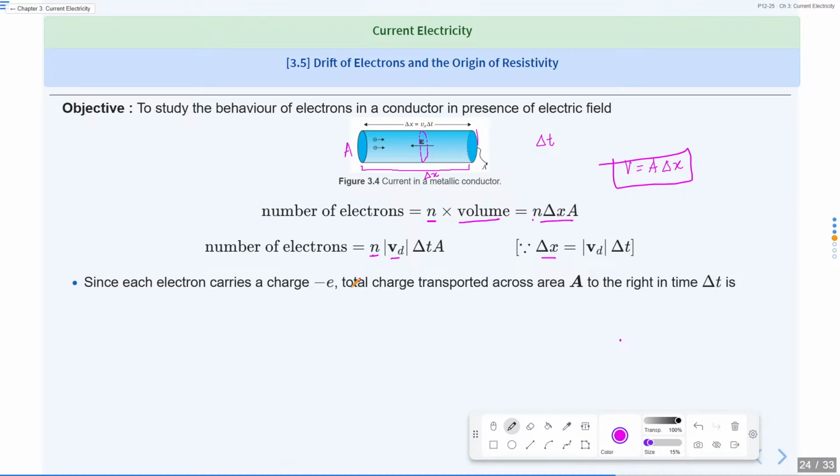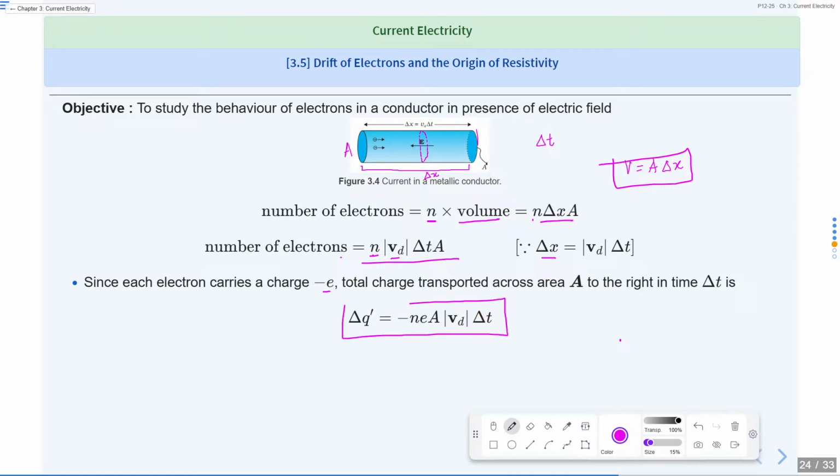Each electron carries minus e charge, so how much total charge is transported across this area of cross section in time delta t? That is delta q equal to minus n e, the number of electrons, and on one electron minus e is the charge. So delta q prime equals minus n e A Vd delta t.